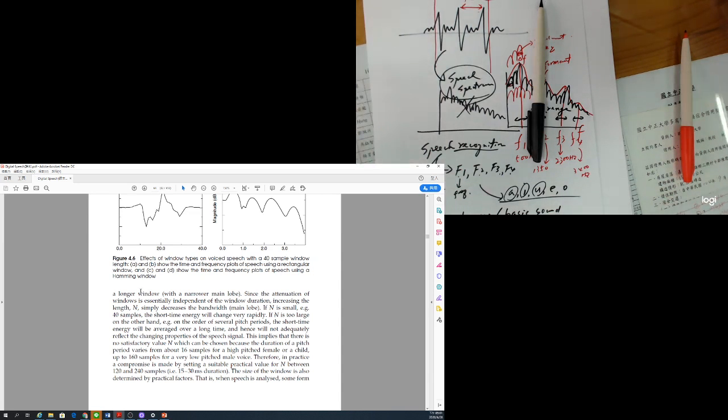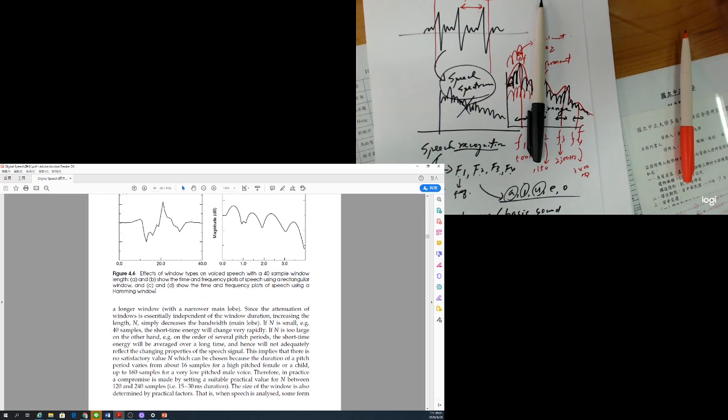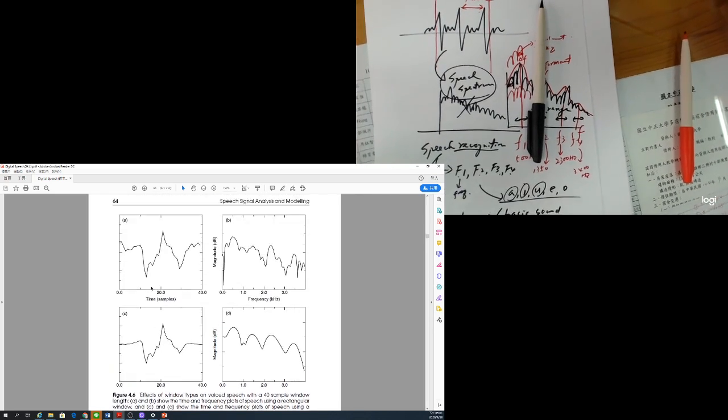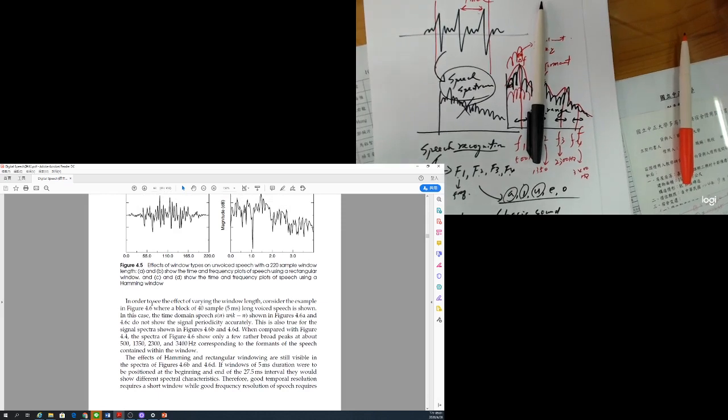Okay. So right now, what we have to say is how to determine the window size, because what's the best window size here? So you can see what the textbook comment is.